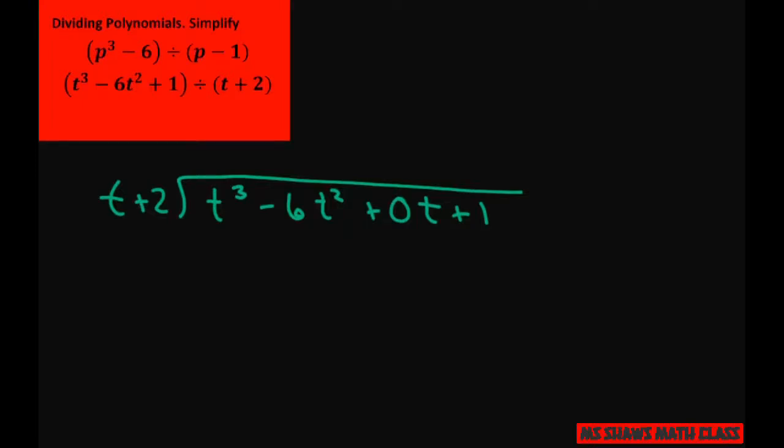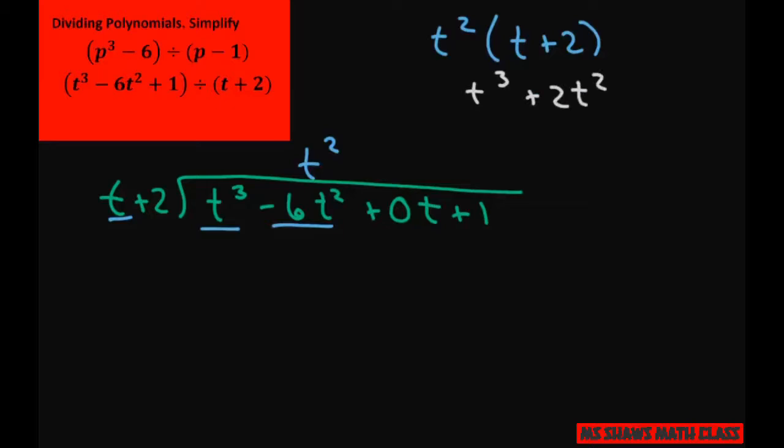And you ask yourself, what times t gives me t cubed? That's going to be t squared. So you're multiplying t squared times t plus 2. That's going to give you t cubed plus 2t squared. So copy that down.